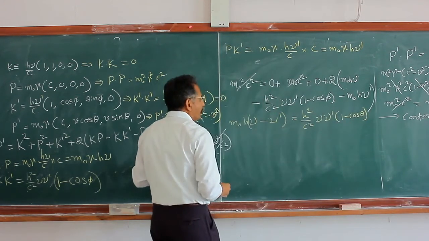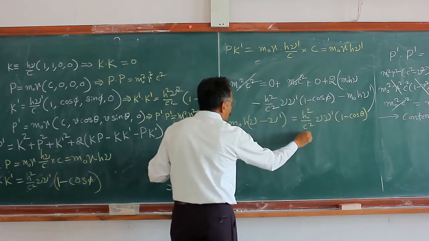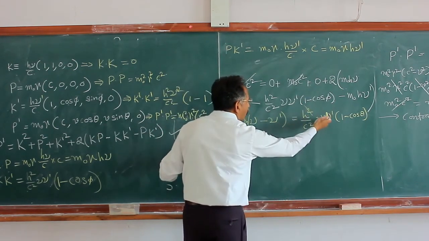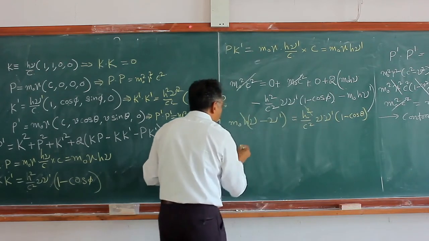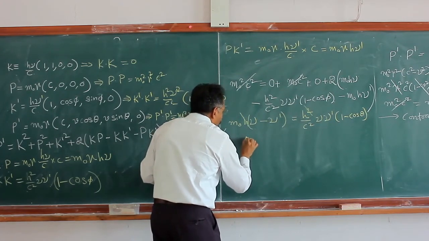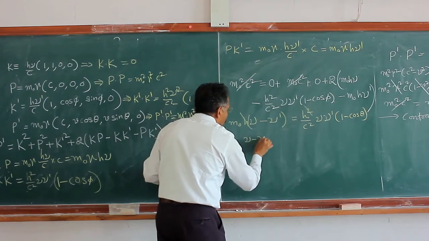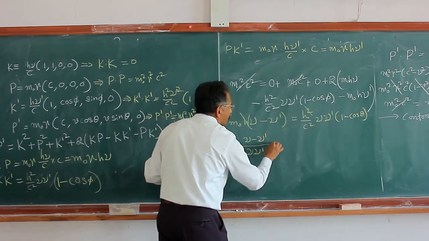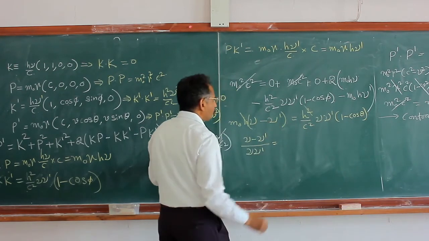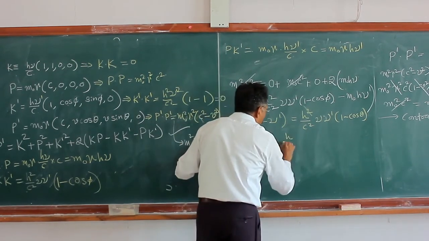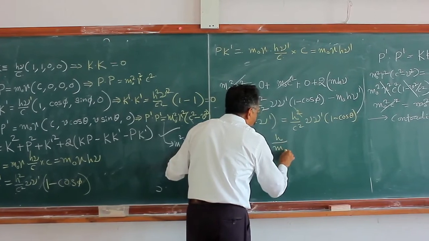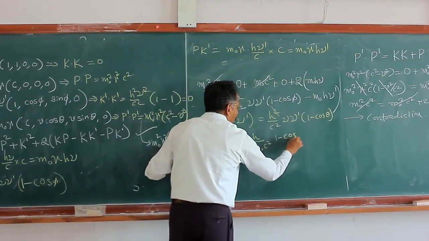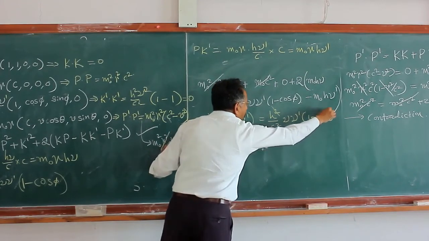So you can take this m0 here, one h can be cancelled, and you can carry this nu dash on the left hand side. So nu minus nu dash divided by nu nu dash is equal to h upon m0 c square into 1 minus cos of phi.